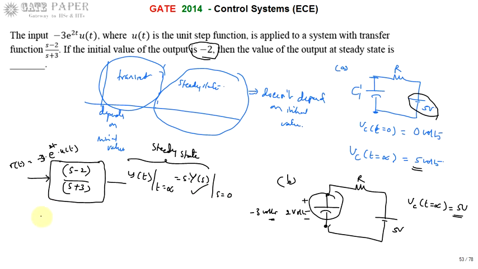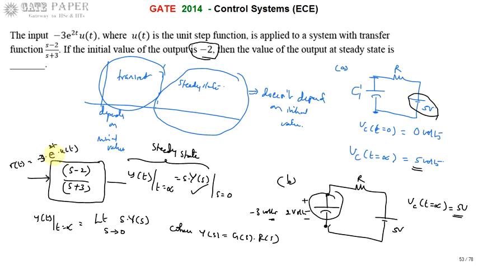So the steady state value y(∞) is the limit as s tends to 0 of s Y(s), where Y(s) = G(s) R(s). G(s) is (s - 2)/(s + 3), and R(s) is the Laplace transform of -3 e^(2t) u(t).